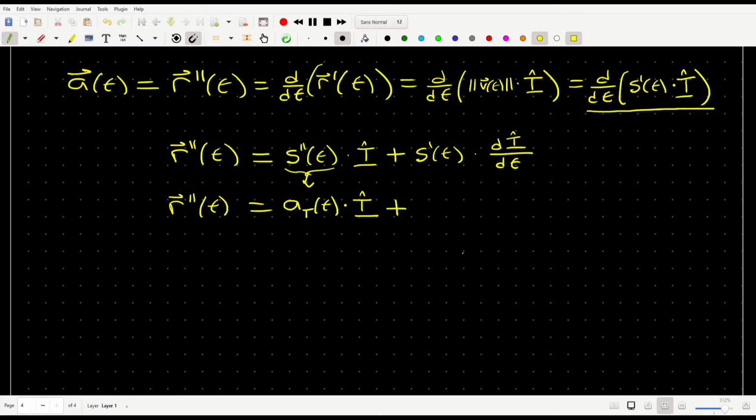For this term, we have to rewrite this a little bit. Recall from the chain rule that dT hat dt is the same thing as ds dt times dT hat ds. So the rate of change of T hat with respect to the parameter t is the same thing as the rate of change of s with respect to t times the rate of change of T hat with respect to arc length s.